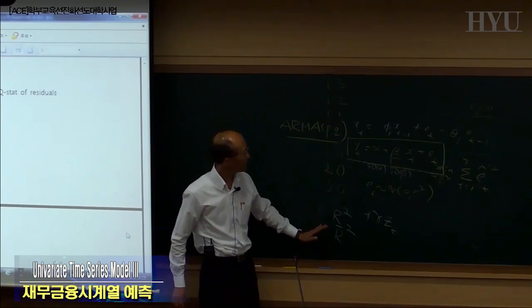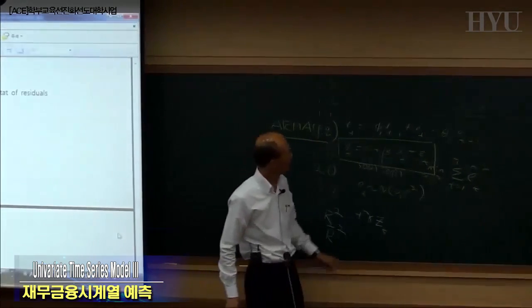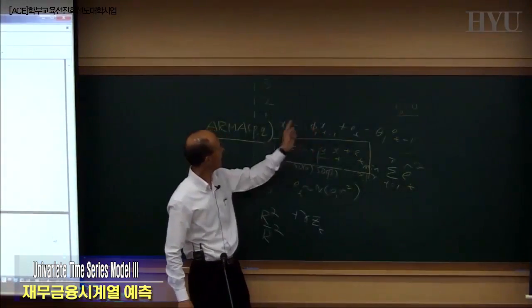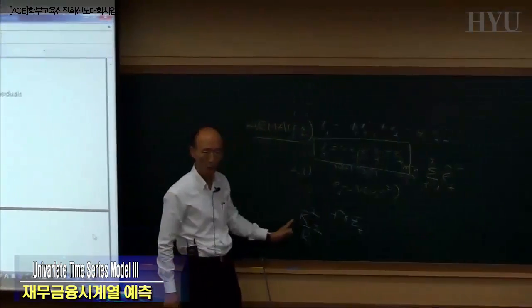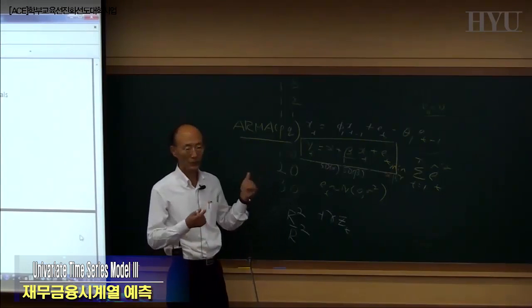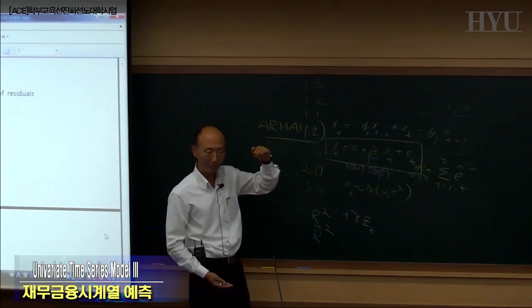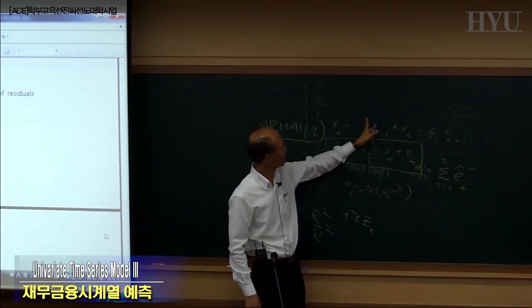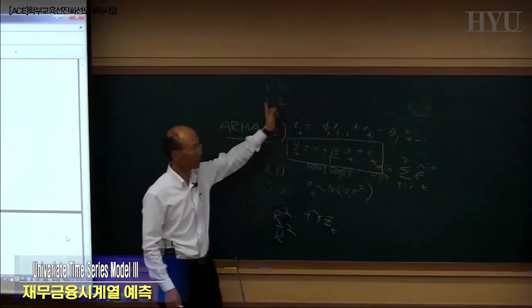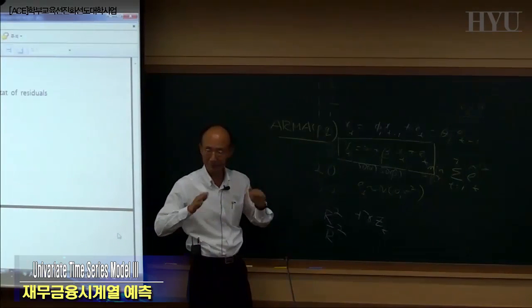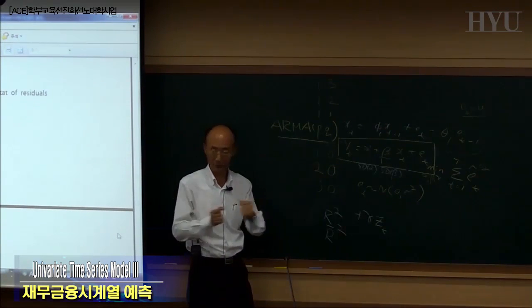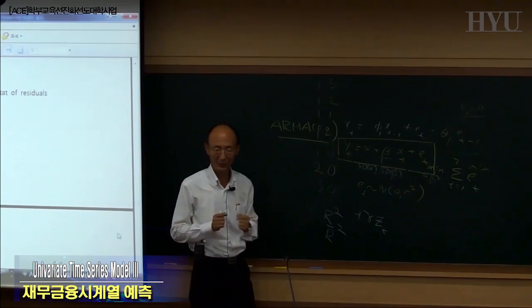So the similar thing happens. If you keep increasing P and Q, the goodness of fit in terms of this one will increase, whereas the precision of those parameter estimates will decline. So there is a trade-off, right?